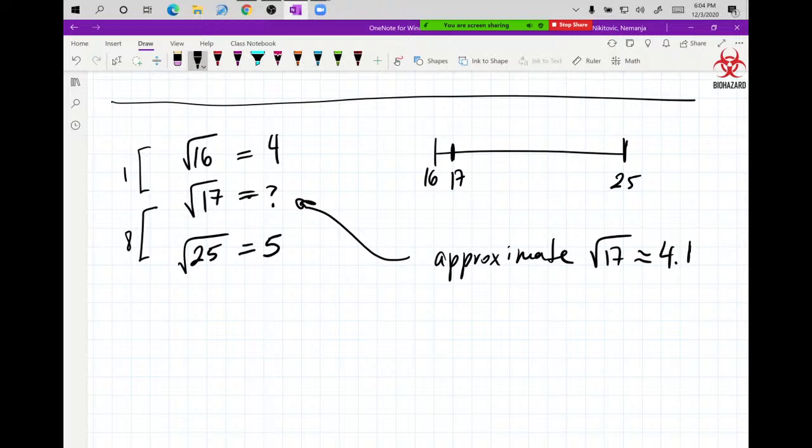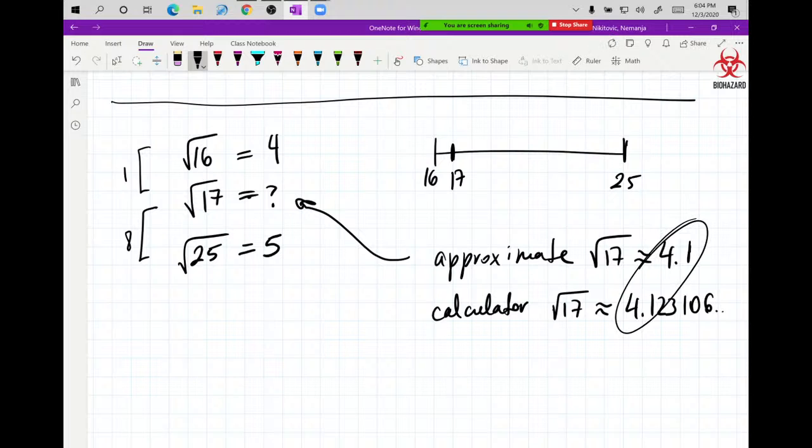I shouldn't have changed it. Because the calculator gives that the square root of 17 is 4.123106 and so on, going forever. So you see how close we are by guessing? And you can do this literally for any situation.